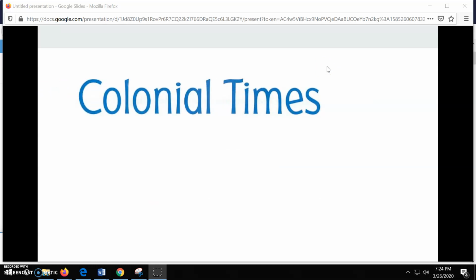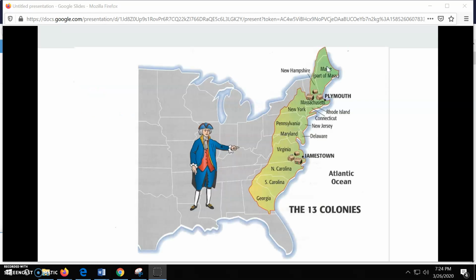So simple past tense is a tense we use to talk about the past. Let us look at what was going on in colonial times in the United States. Okay. Look at this map of the original 13 colonies.